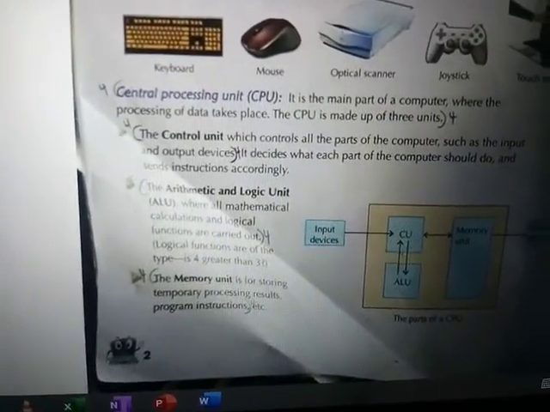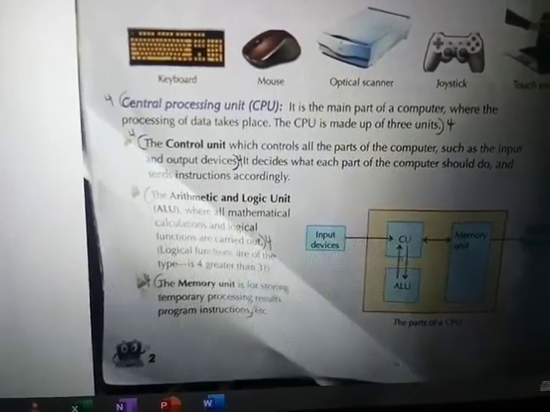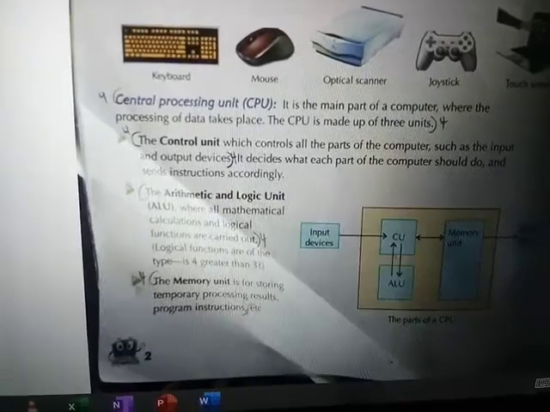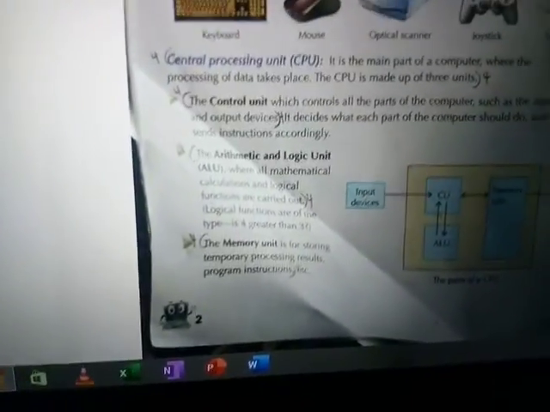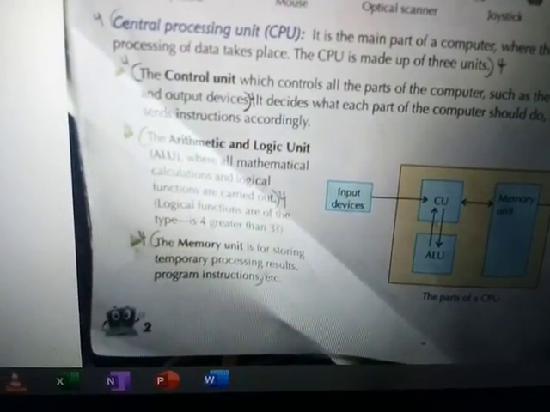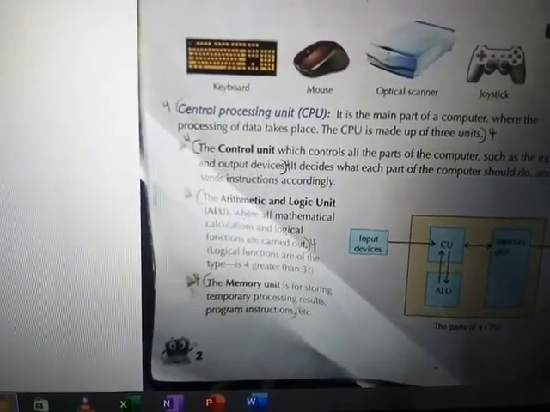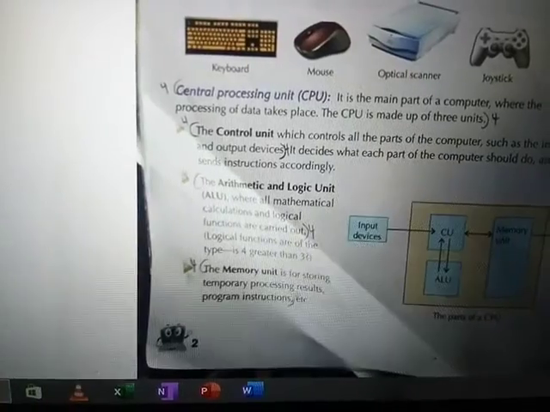The control unit controls each and every operation of a computer. Next, the arithmetic and logical unit. What does it do?